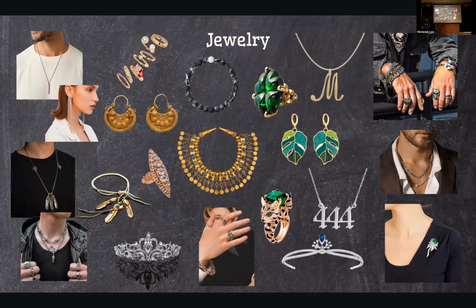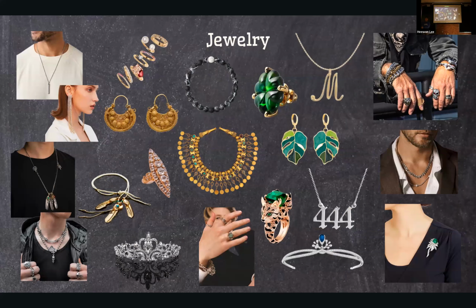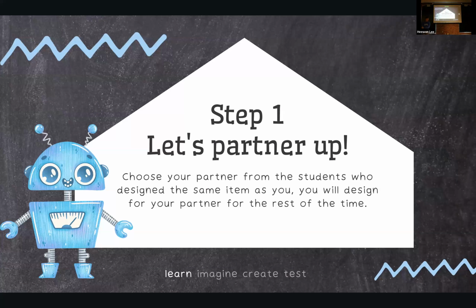We show this to give them inspiration so that they can make a choice from these 2. Step 1 will be to partner up. They can partner up into groups of 2, choosing their partner from students who design the same item as them. They will design for their partner for the rest of the activity time.